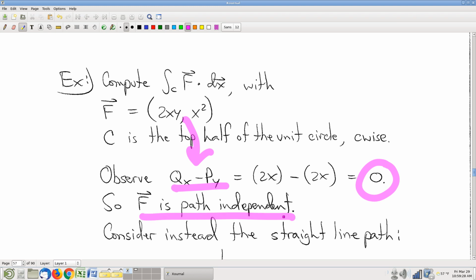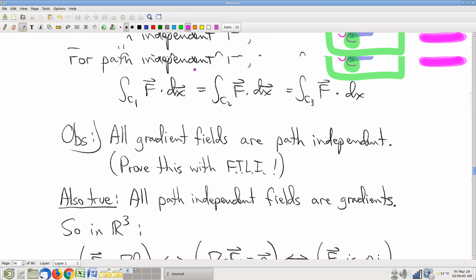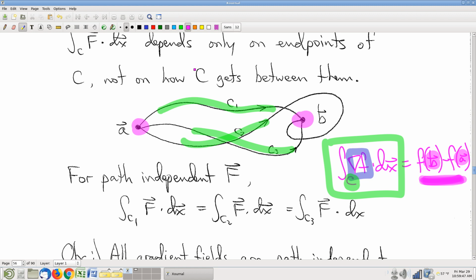And therefore, our vector field is path independent. Well, we could say this different ways. Therefore, it's a gradient, and we already know every gradient is path independent. So, this vector field is path independent. That's a powerful observation. Coming back up to here, what does path independent say? Path independent says, pick any curve you like.